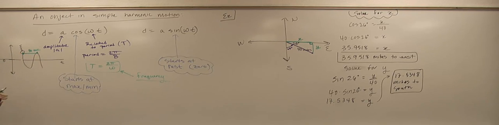The frequency goes the other way. The frequency is the reciprocal of the period. So in this case, the frequency would be 5. So if the period is 1/5, frequency is 5. What do you think that means?